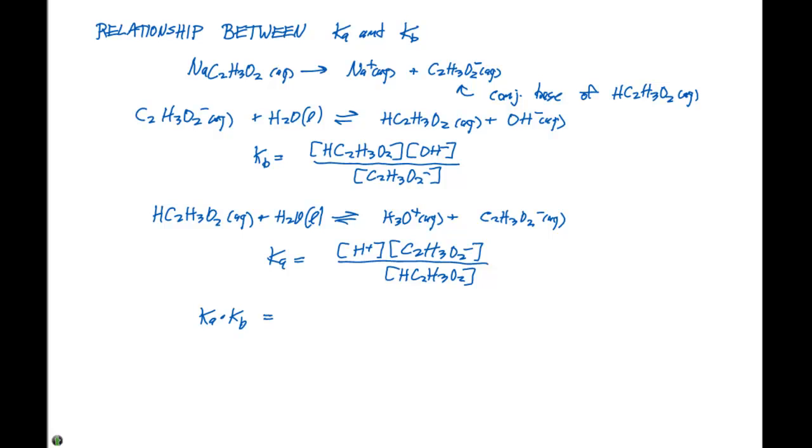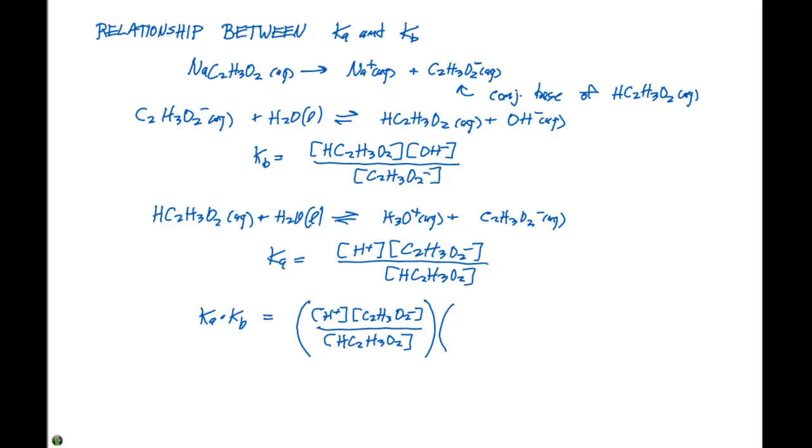Our Ka expression is going to be the concentration of H+ times the concentration of C2H3O2- divided by the concentration of HC2H3O2. So this is our Ka.